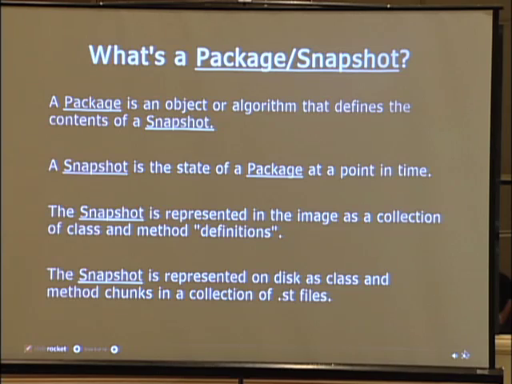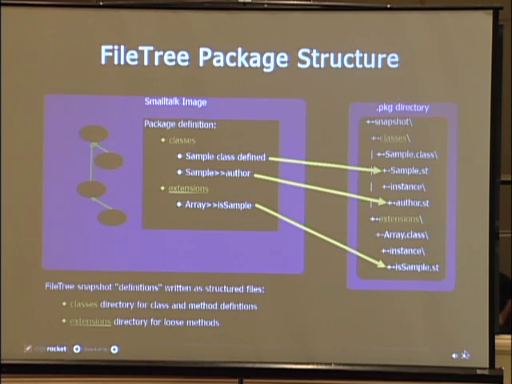So what matters here is not the content of the package structure or the directory structure. It's the fact that you're interpreting that information as a snapshot for a package, all right? So I'll try to get a picture here to see if this clears things up.